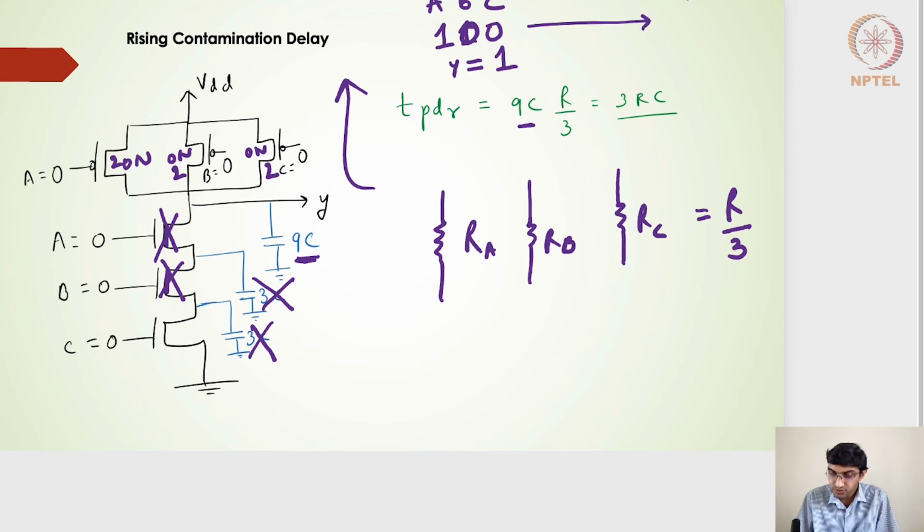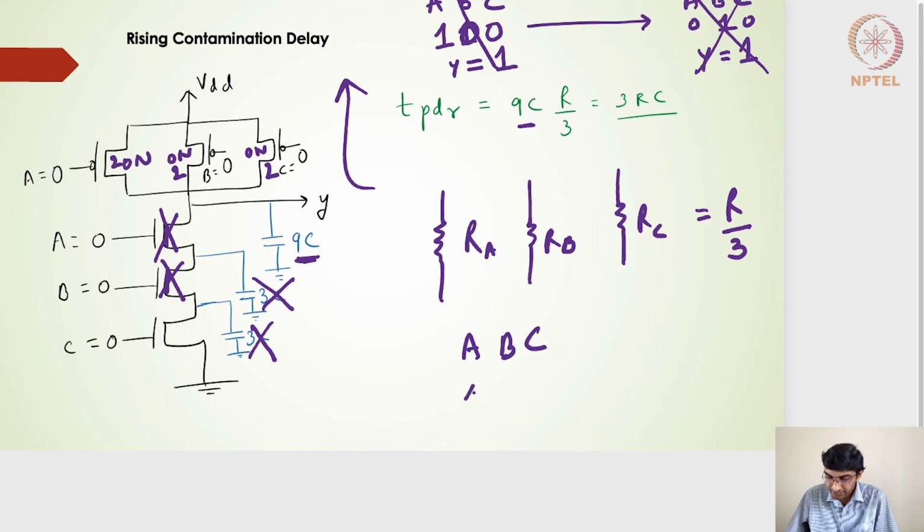And let's say it changes to A, B, C of 0, 1, 0. The output is still 1. All right, I think this is possibly a bad example. So let's say the input ABC is 1, 1, 1.